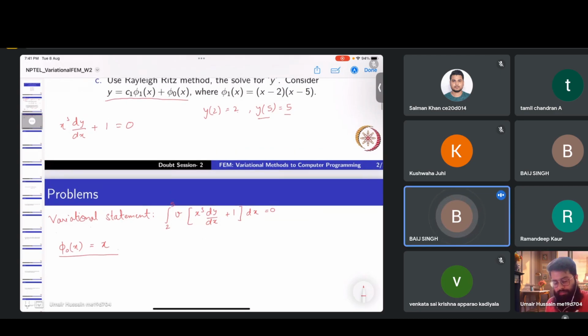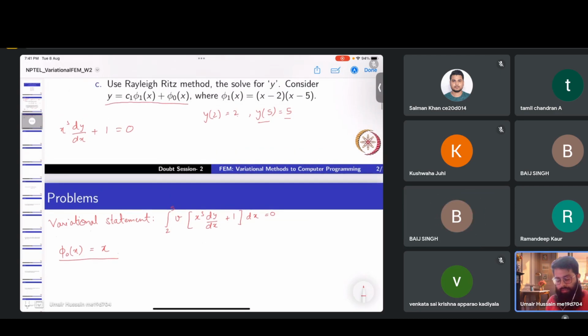That's right. So in the Rayleigh-Ritz method, we choose phi naught in such a way that it satisfies the given boundary conditions, and phi one should satisfy the homogeneous version of the given boundary conditions.